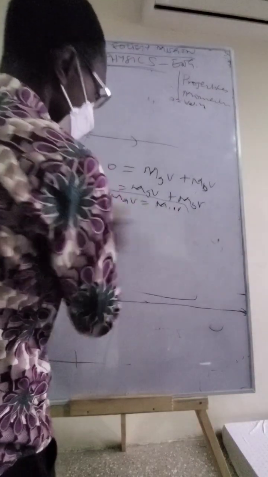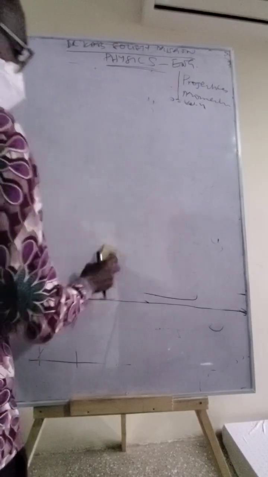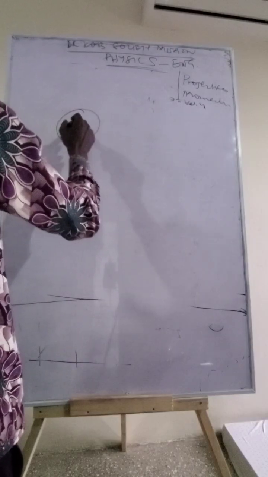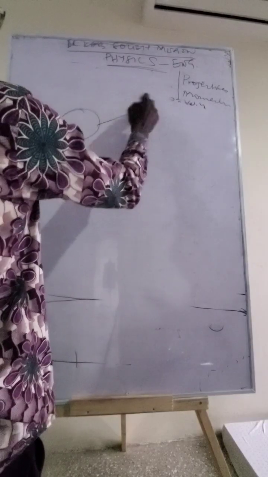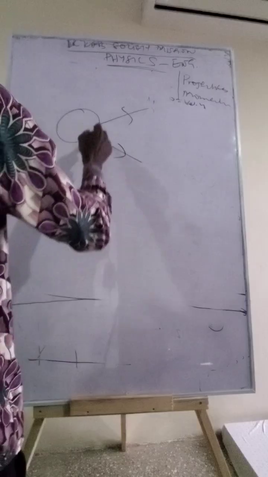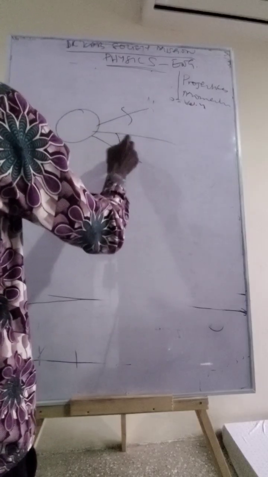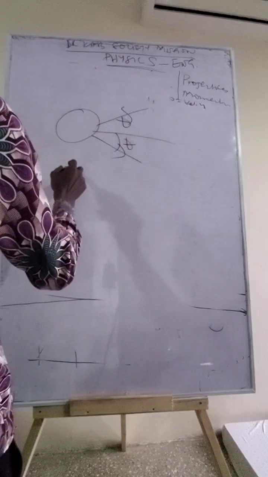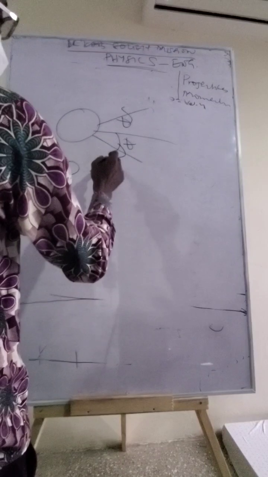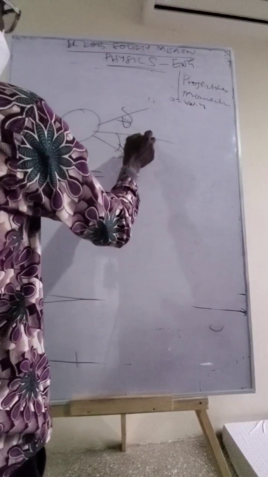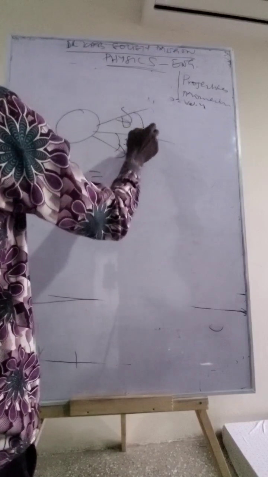Let's look at another one. If you have this, let's say, then there is a blast, this goes that way, this goes that way. Remember, you have to resolve them. So initial is 0. You resolve this one in this direction, resolve that one in that direction.